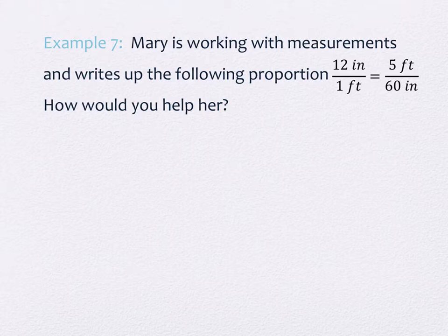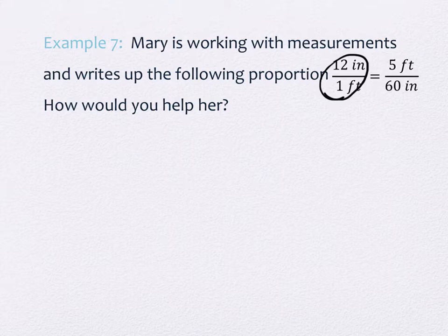So my default when I'm talking to students, and when I suggest that you talk to students, is first capitalize on what they did right. It's a good way to start a conversation, right? I agree with you about this, or you did this correctly, or way to go on doing that part. So what have they done correctly? Yeah. So if you compare just the values on a given side, the ratio is a true ratio, right? 12 inches does equal 1 foot.